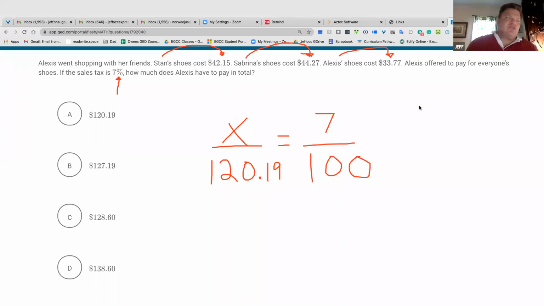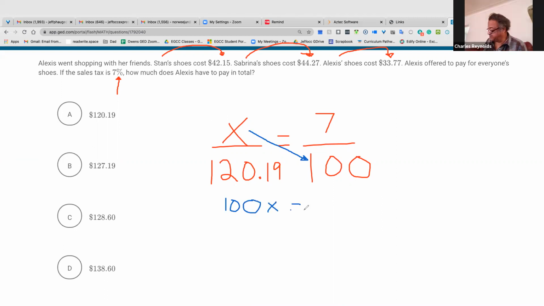Same three steps. That's why we love cross multiplying. Once we slot everything into place, start with what we don't know, scotch tape it to that, 100x. X times 100 is just 100x. And then step 2 is real live math. That times that, calculator.